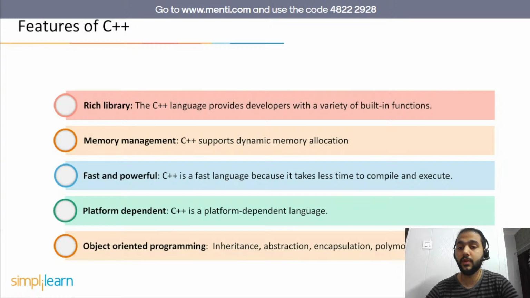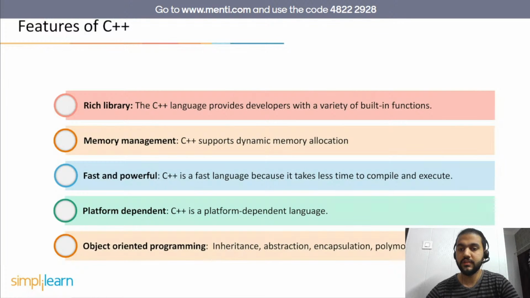Operating systems, browsers, games, and other applications can also be created as a result. C++ is platform dependent. Its programs are machine independent, which means they can run on a variety of machines with little or no changes. But it is not platform independent.